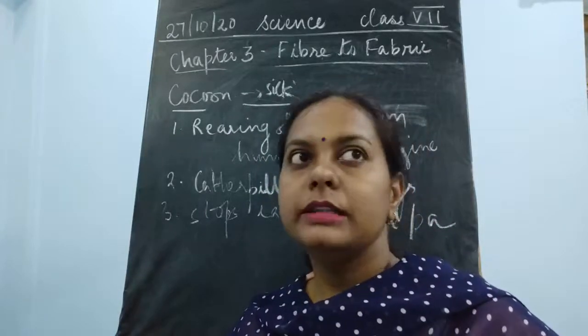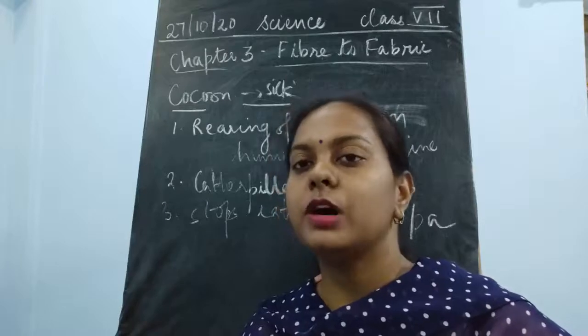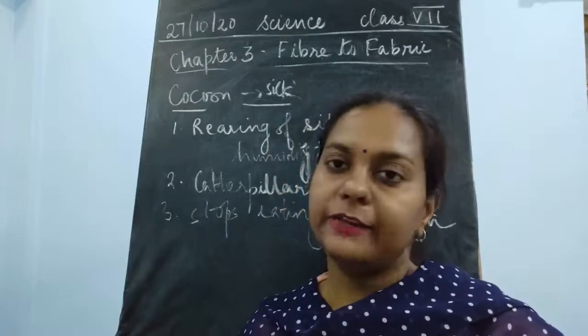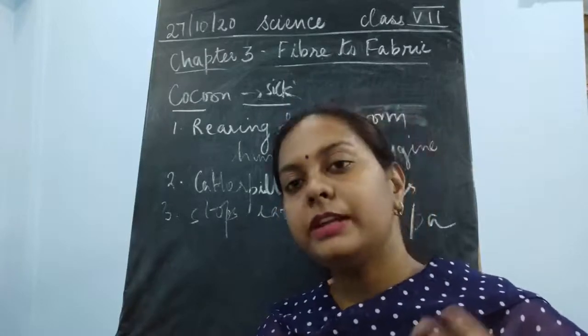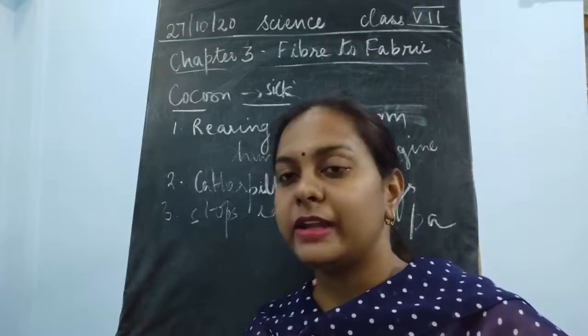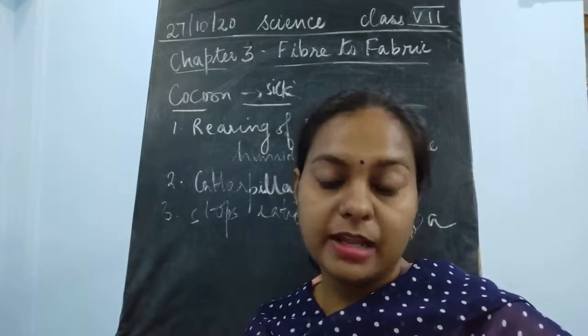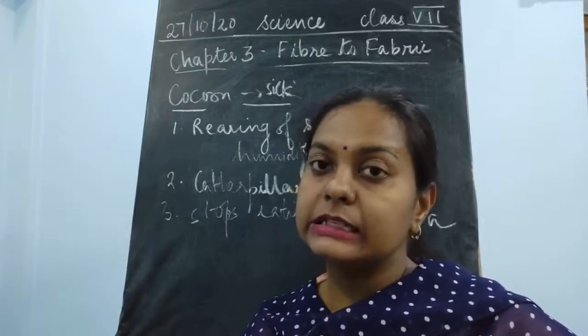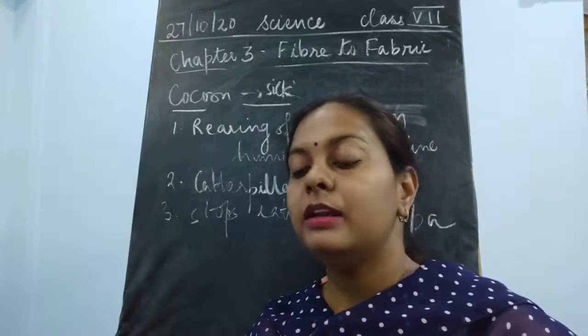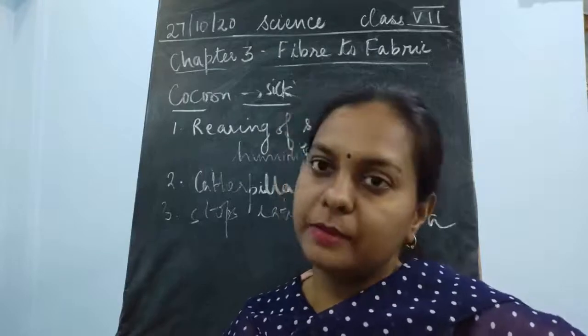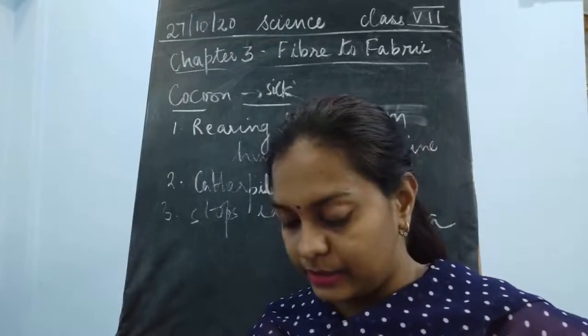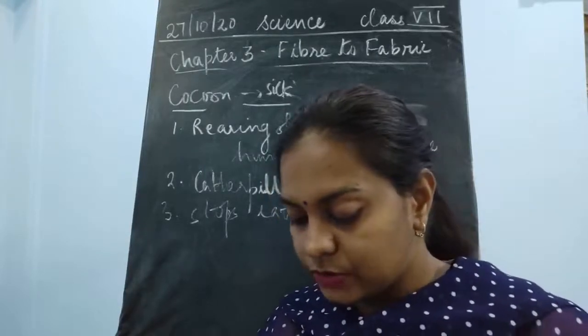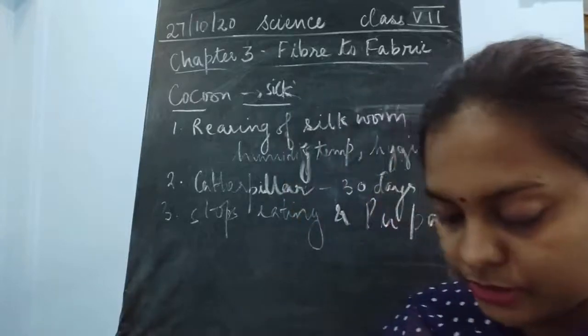Because these silkworms move their head from left to right, and again from right to left, and spin the thread, and that thread has a shiny appearance. As it is a type of protein, once it dries up, it gets a shiny appearance. Small cracks in the twigs may be provided in the tray to which the cocoons get attached.